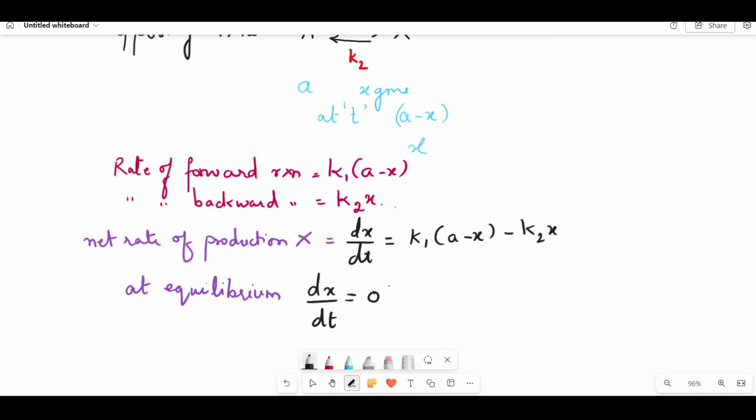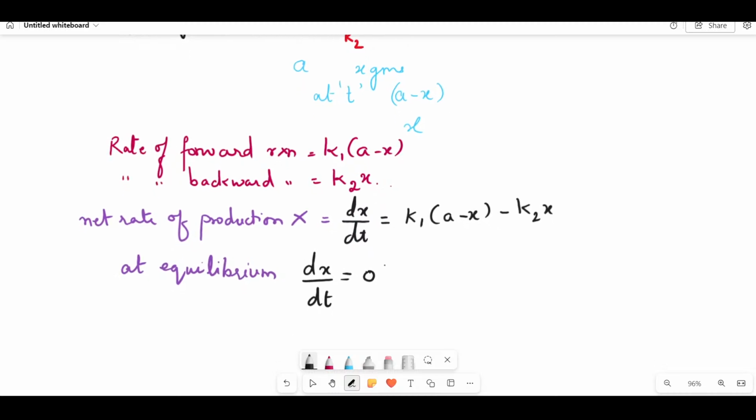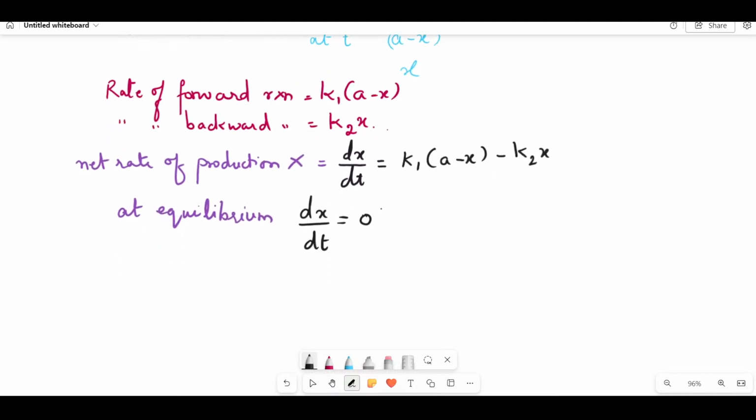Neither it is going ahead nor it is coming backwards. So it is at equilibrium, it is at 0. So now this whole equation will change: dx by dt is equal to k1(a minus x) minus k2x, which are now at equilibrium.